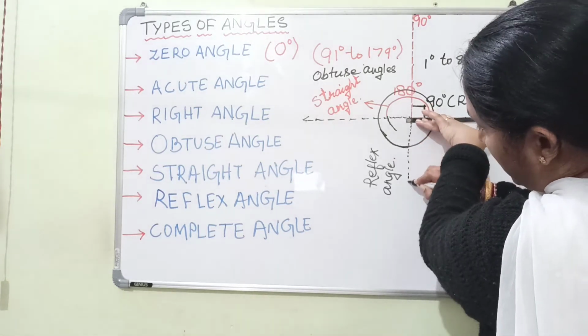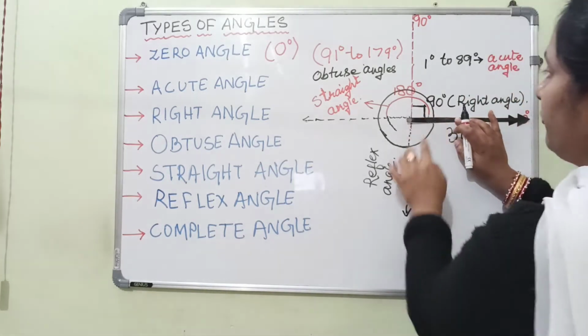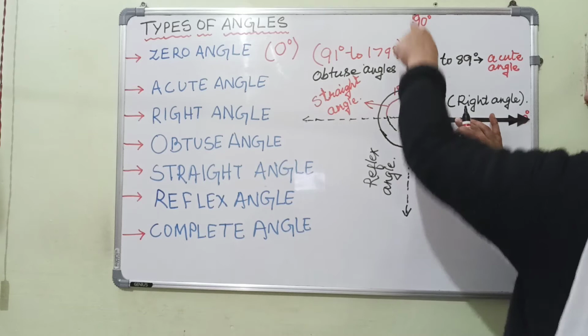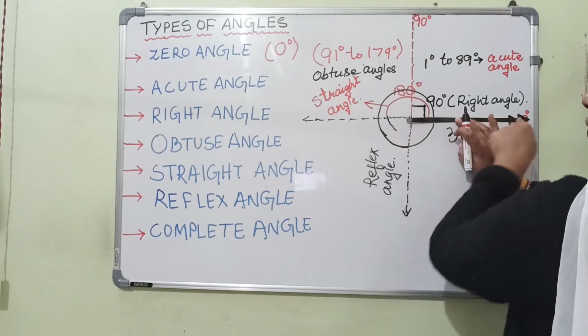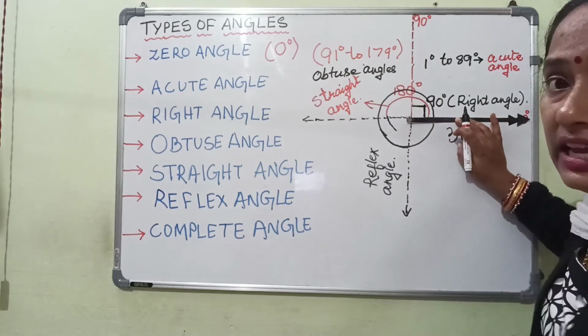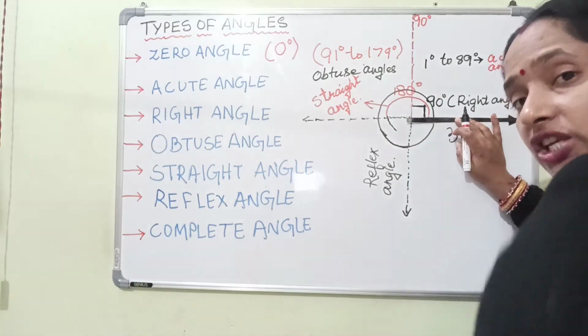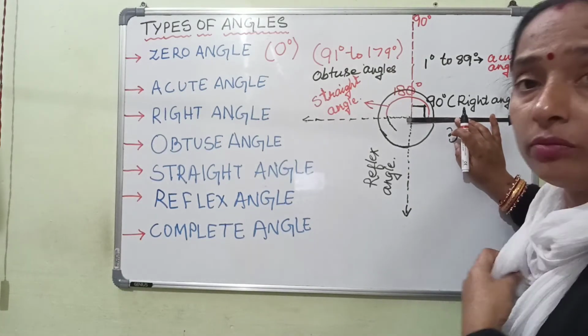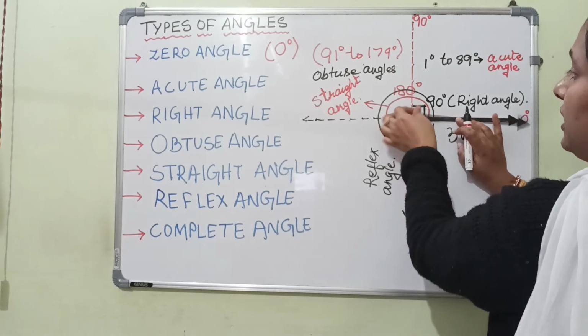Here I am drawing another 90 degrees from here. See, here to here, in this case both the arms were creating an L shape. When the arms are creating an L shape, what did I say? The angle formed between them is 90 degrees.